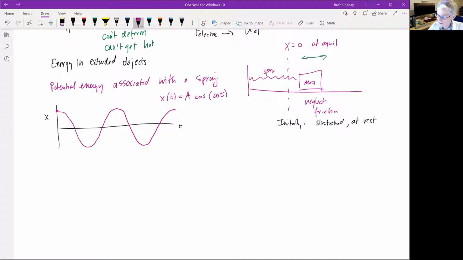And we found that omega was the square root of the spring stiffness over the mass. This is assuming an ideal mass-spring system where the spring itself has negligible mass, so you don't have to worry about kinetic energy of the spring. All the kinetic energy just belongs to the mass.